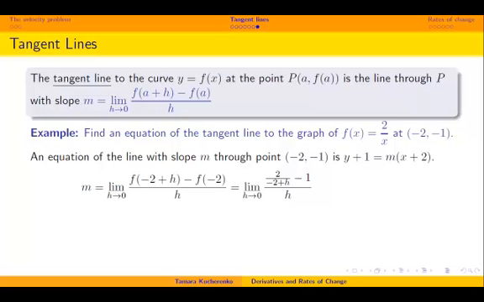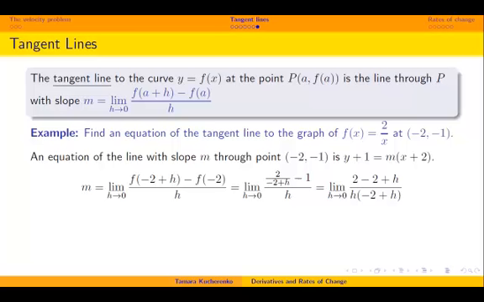We multiply the numerator and the denominator by -2 plus h to get the limit as h tends to 0 of 2 minus 2 plus h divided by h times -2 plus h.